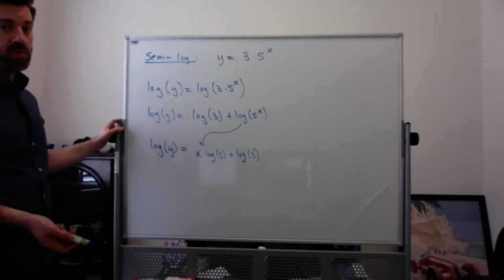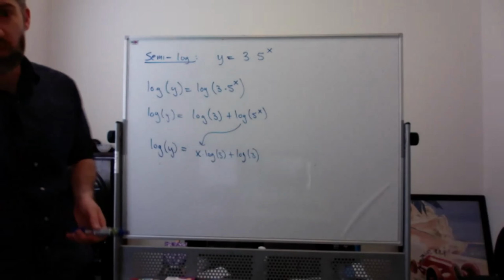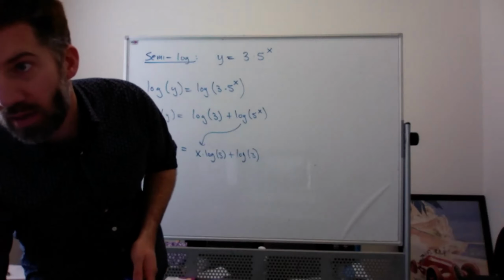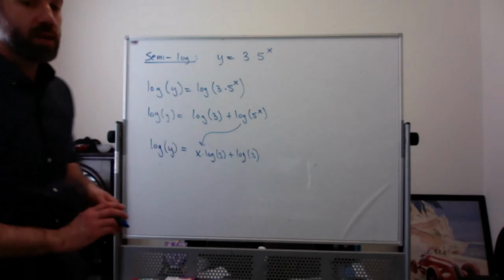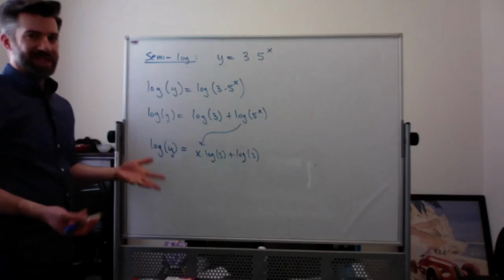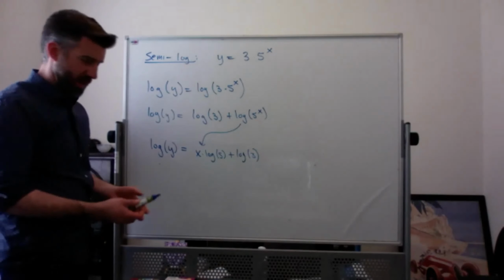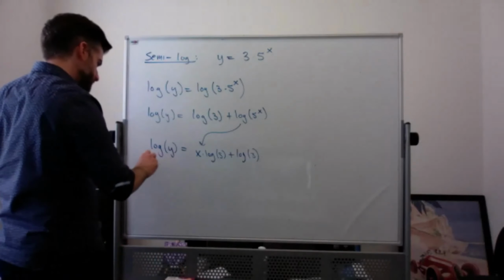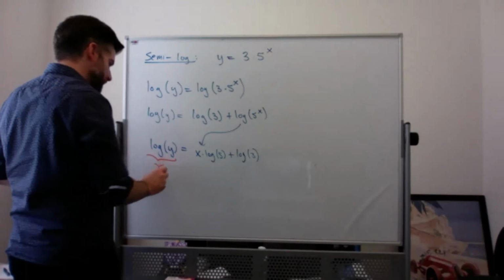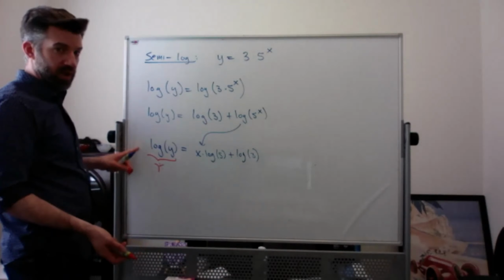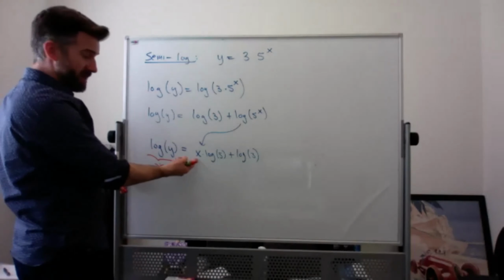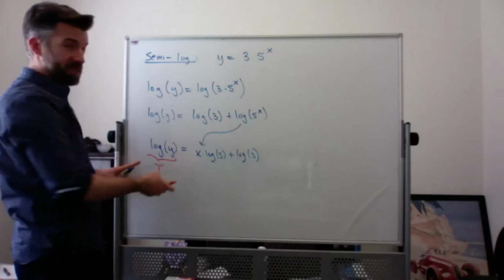The reason it's useful to do this is that this looks like a linear equation. If I replace log of y, I usually use a capital Y. So I'm replacing log of y with capital Y. I'm not replacing log of x, I don't have that with x. That's why it's a semi-log.